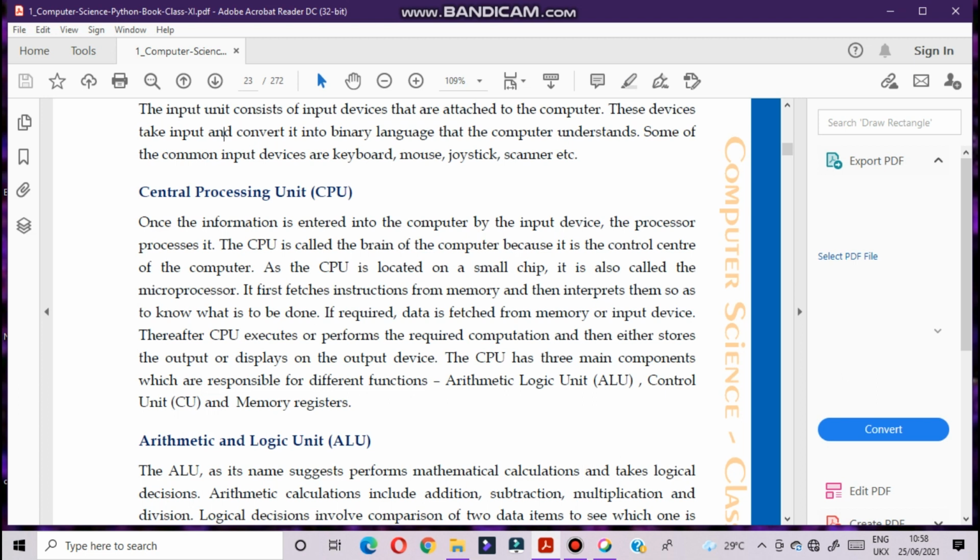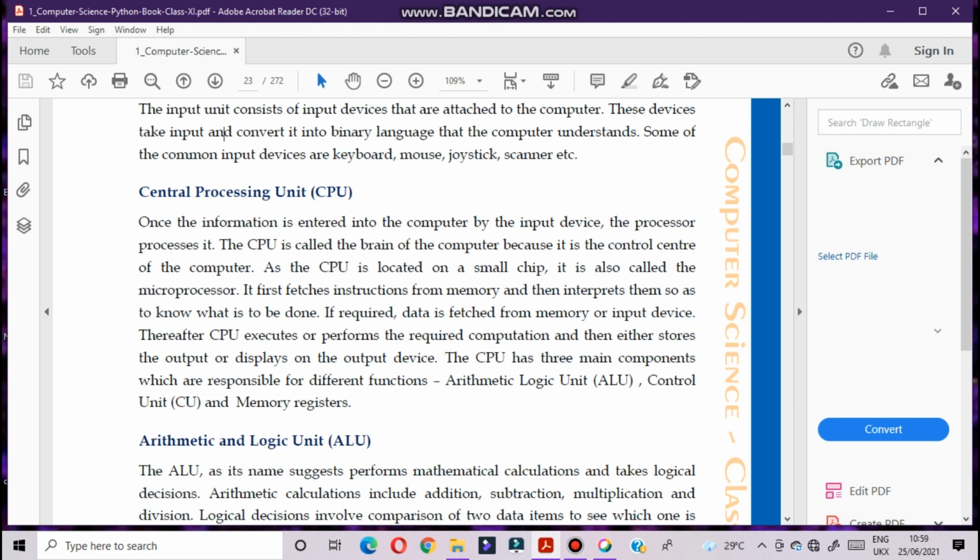Then it interprets, or you can say translates. Interprets means, suppose I am using a high level language and it will convert into binary language, or you can say machine language. Then it interprets them so as to know what is to be done.